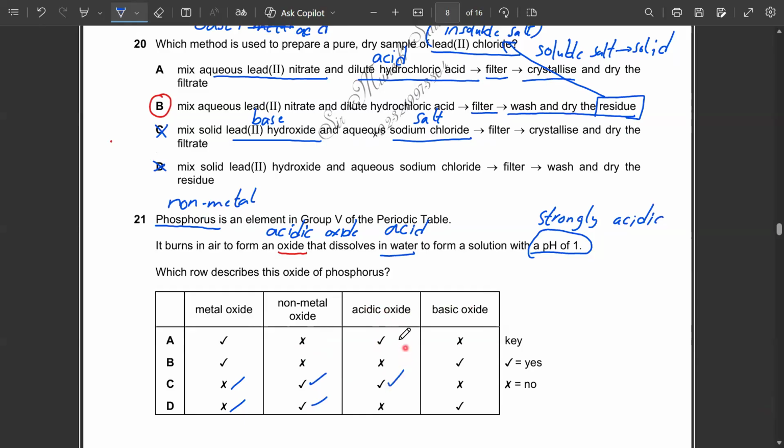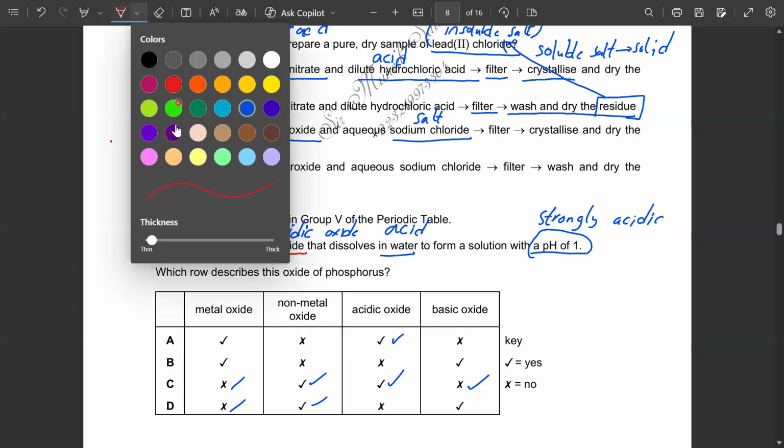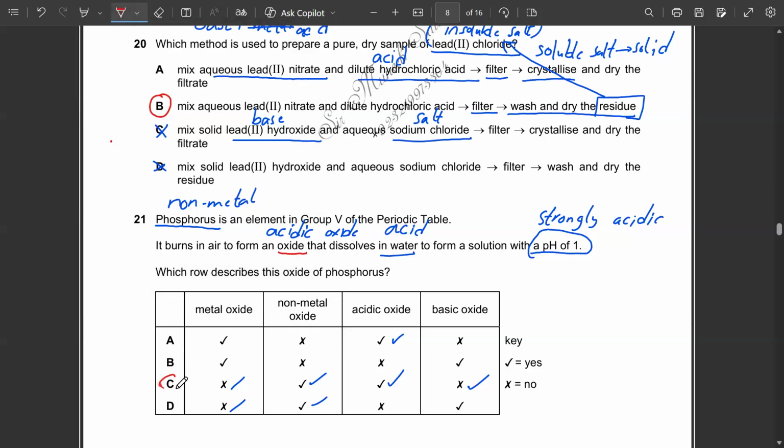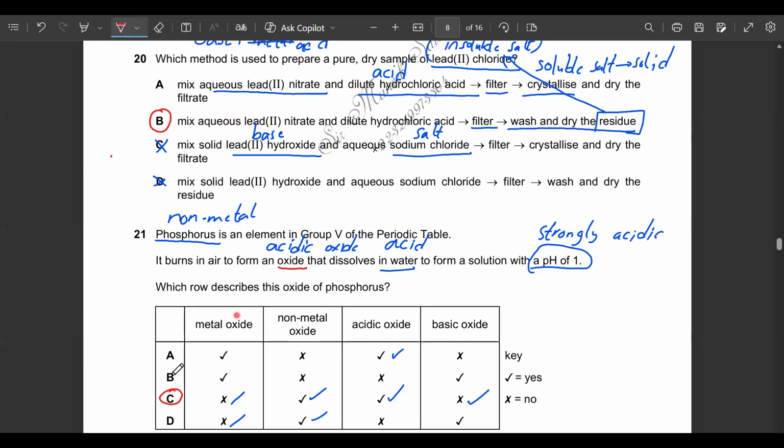So acidic oxide is mentioned in option C and option A. In this way, we have all three correct in option C. So option C is the correct option. I hope it's clear to everyone. So option C. Then question number 22.